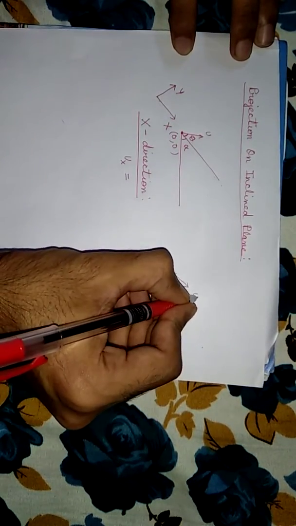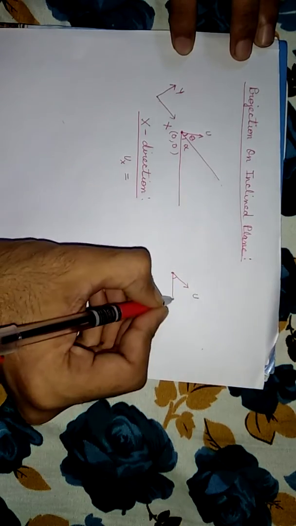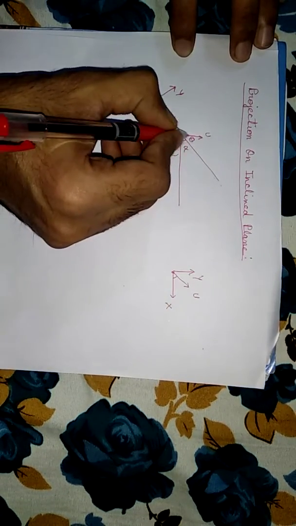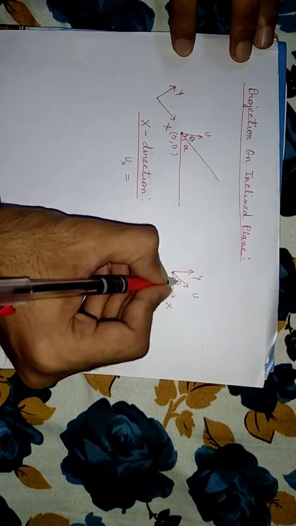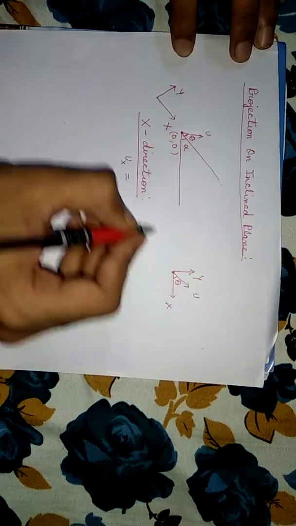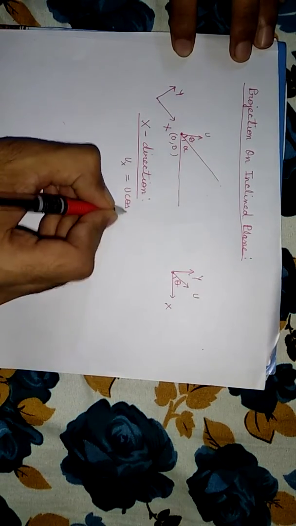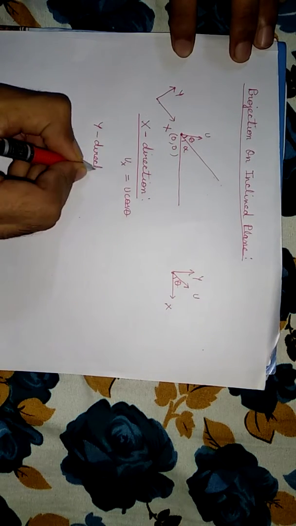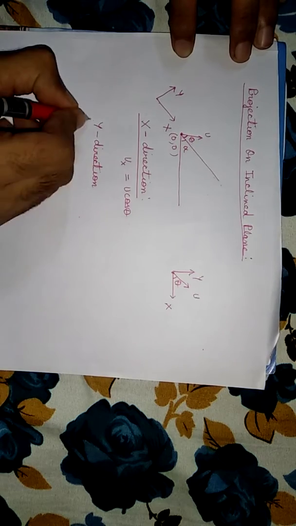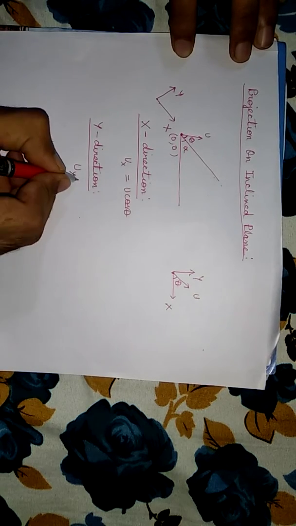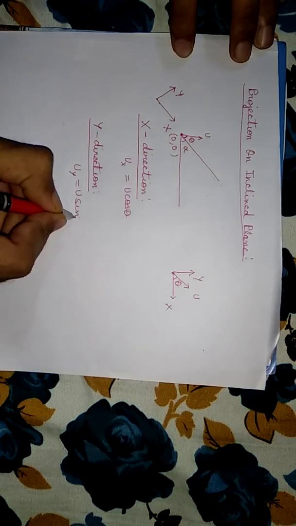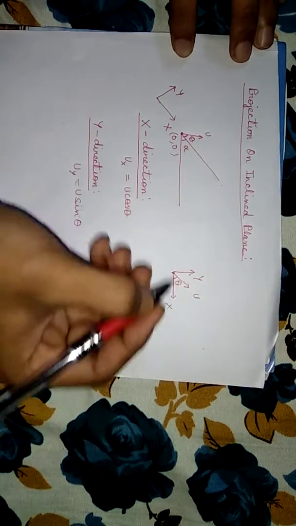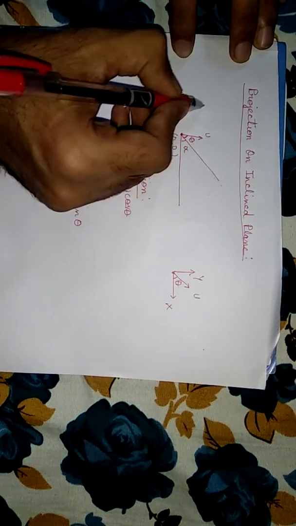This is u, this is the x-axis and this is the y-axis, and the initial speed makes an angle of theta with the x-axis. So ux can be written as u cos theta. Similarly, for the y direction, uy can be written as u sin theta. I have resolved the initial speed into two components, one along the x direction and one along the y direction.